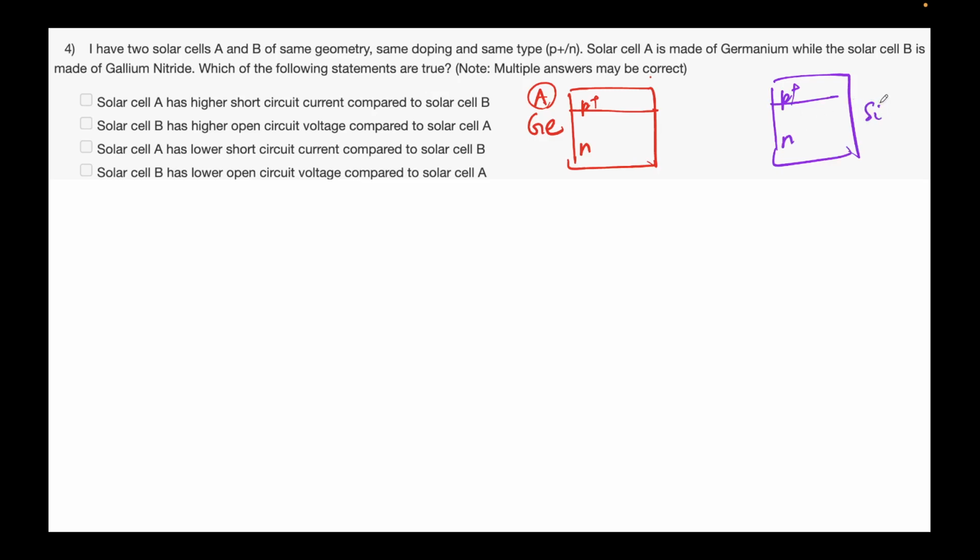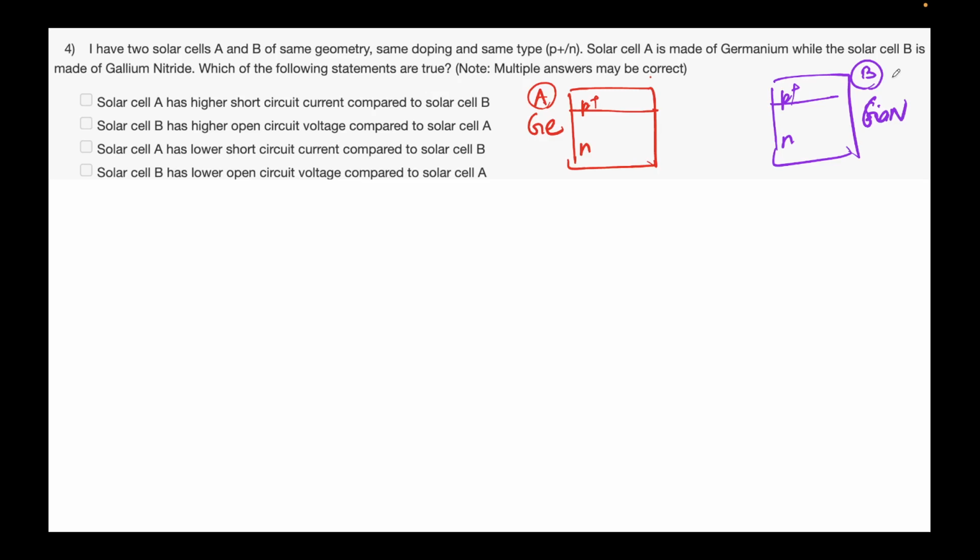This is gallium nitride, and this is B. Now again we have to compare the short circuit current, and secondly the open circuit voltage.